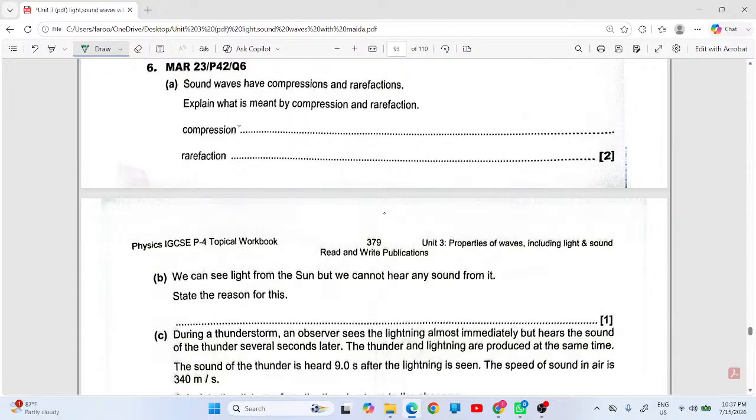So we write: the region where particles are closer than normal and have greater pressure.